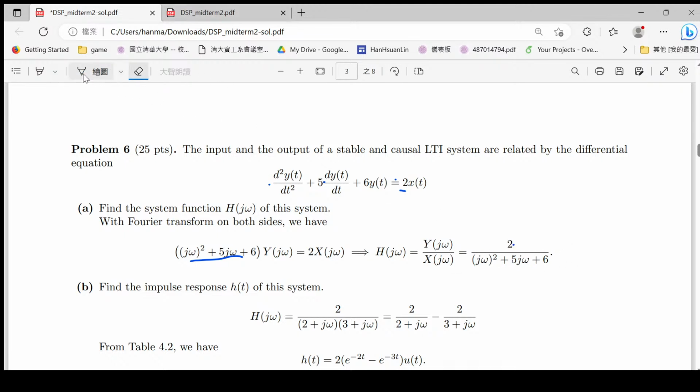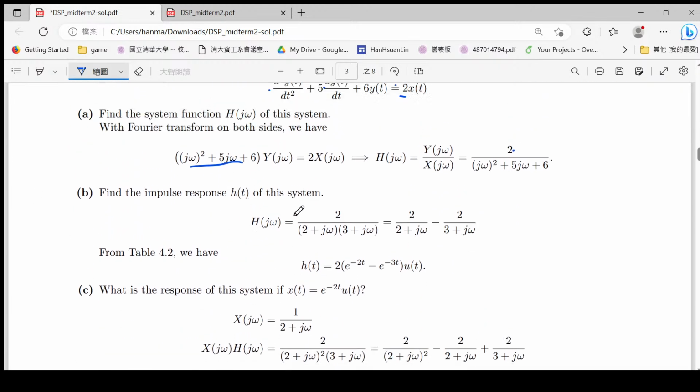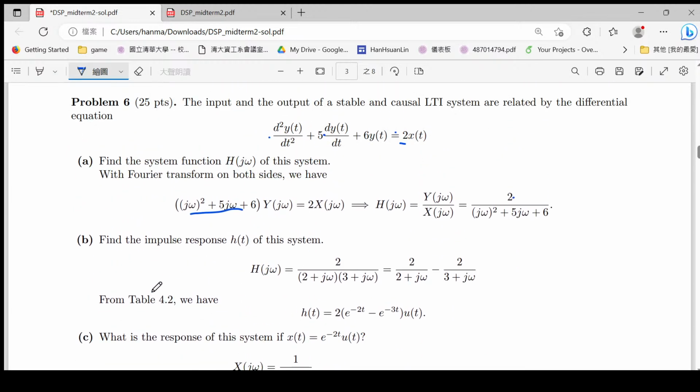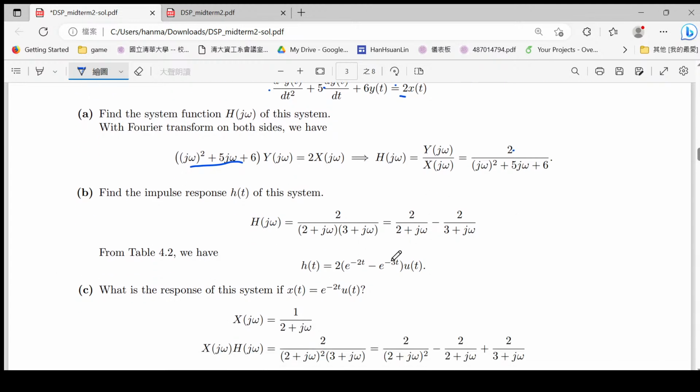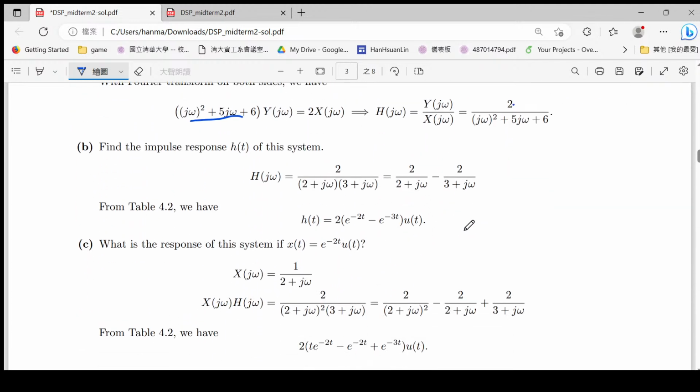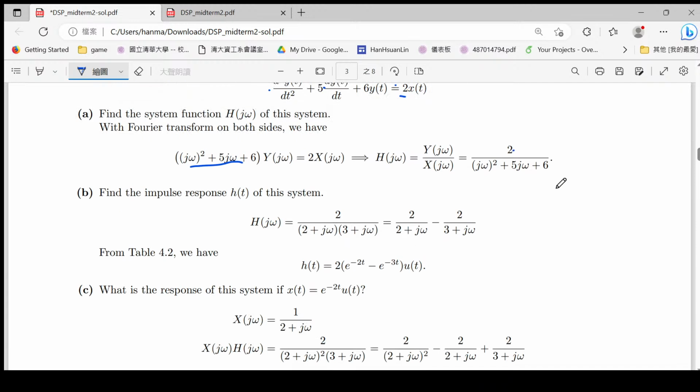And then the next one, we ask you to get a small h, so we do the partial fraction expansion, and we get very nice numbers here because we have 2 and 3 here, so the difference is 1, so we just get 1 and minus 1 by 2, so 2 and minus 2 here.